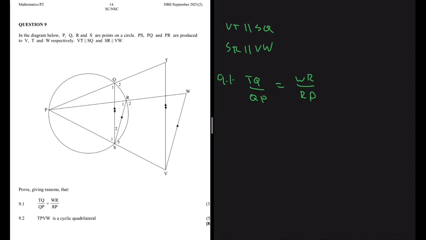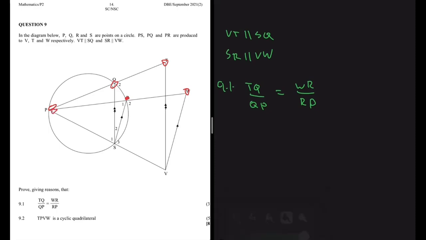So where's TQ? We have TQ here divided by QP being equal to WR divided by RP. Okay, so let's look at the first keyword.